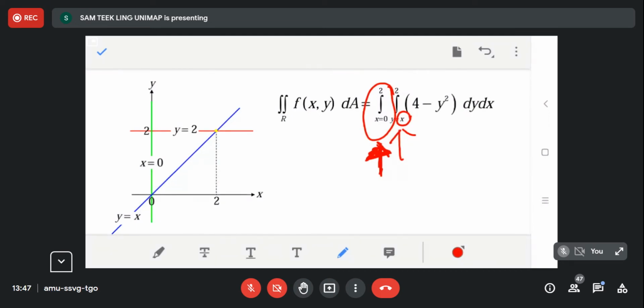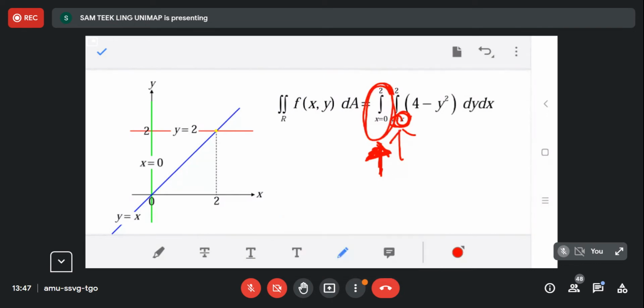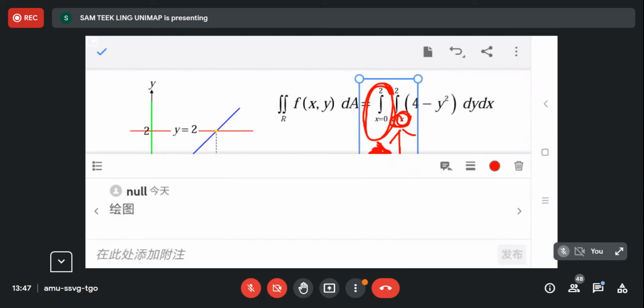So every time when you integrate, please make sure the last limit is a number. The starting one can be a variable, but the last one must be a number. First one can be variable or number, no problem, but only the last one must be a number. So this is how to find your limit.